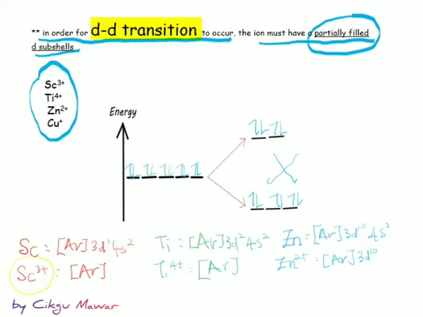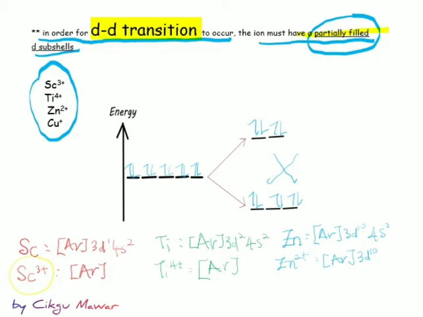Once again, for the definition of d-d transition, we must have a partially filled subshell. So the third ion is also not colored. Zinc 2 plus is only white in color.